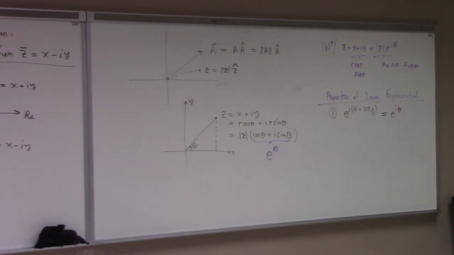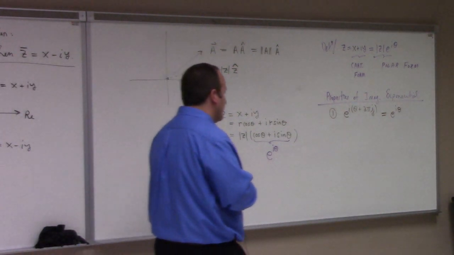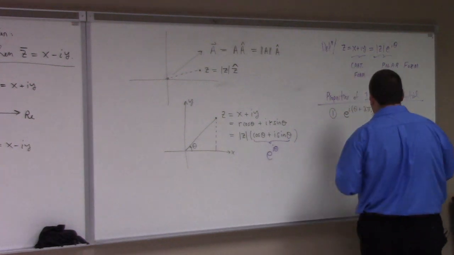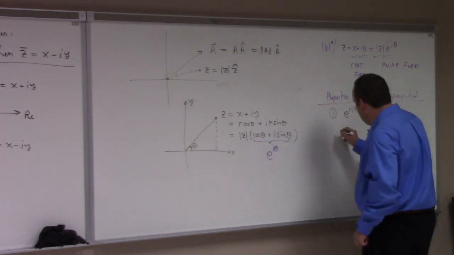We go on and on and on about this. This exponential does not have the one-to-one property. Far from it. You add any multiple of 2 pi times i to the argument here, back where you started again. All right, so that's a property.